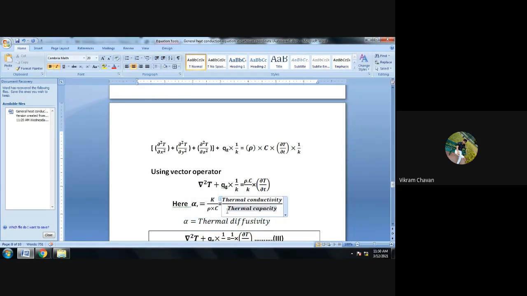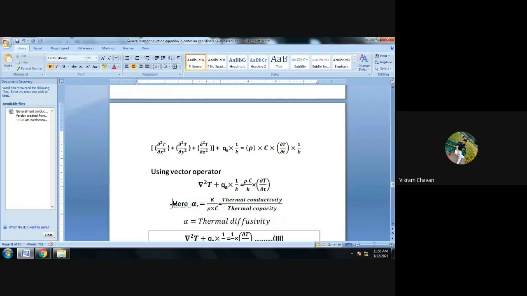Thermal conductivity divided by thermal capacity is called the thermal diffusivity, and the nomenclature for the thermal diffusivity is alpha.